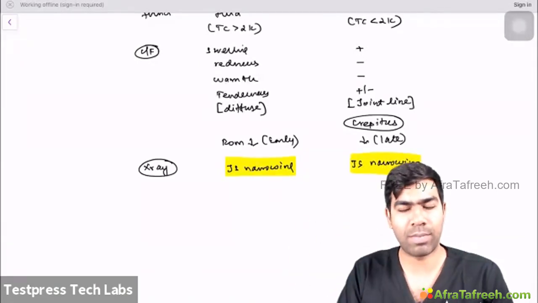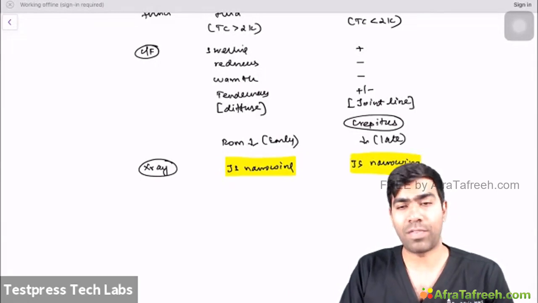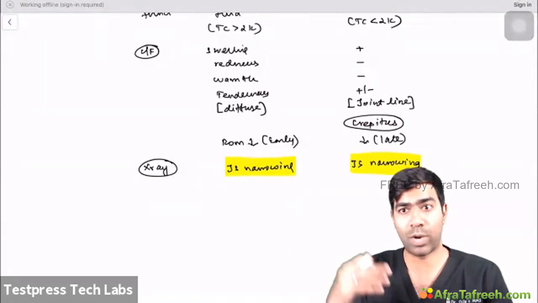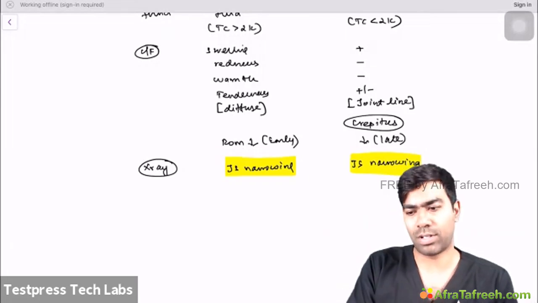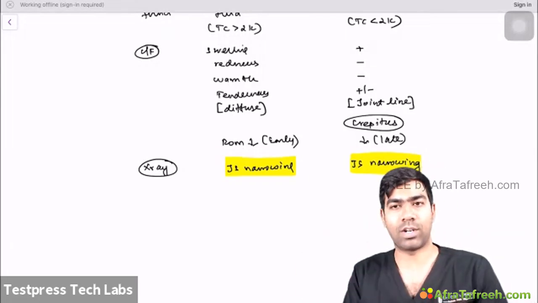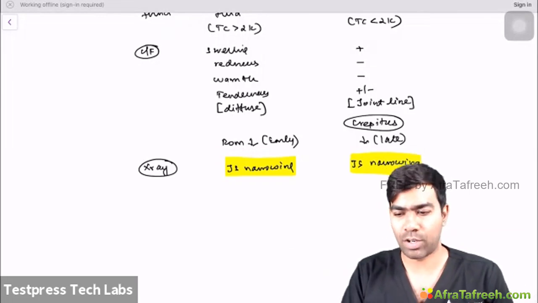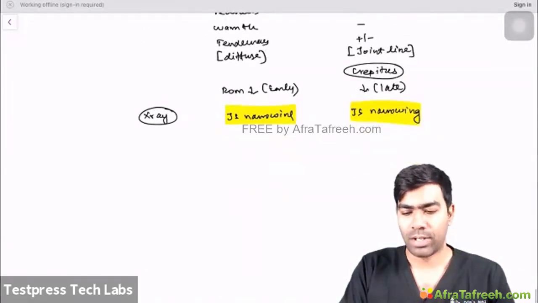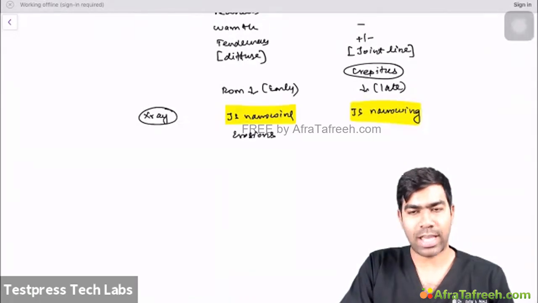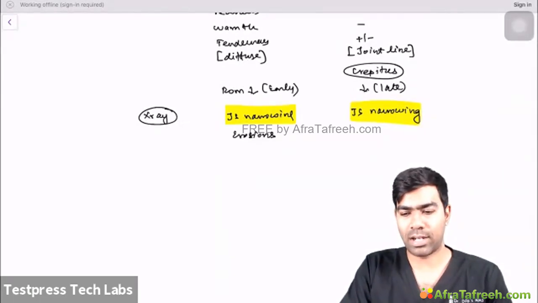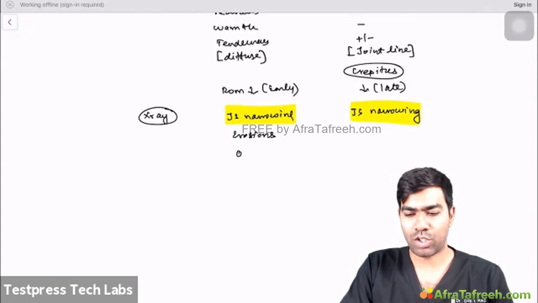Because of that, you develop arthropathy, and that's hypertrophic arthropathy, where you can see joint space widening rather than narrowing. So there are exceptions for both. And more than that, the most important thing is erosions, which are a characteristic feature of inflammatory arthritis, and you will also see osteopenia.